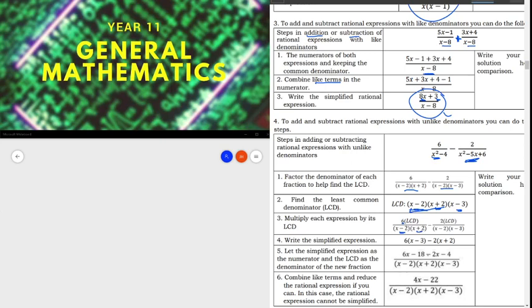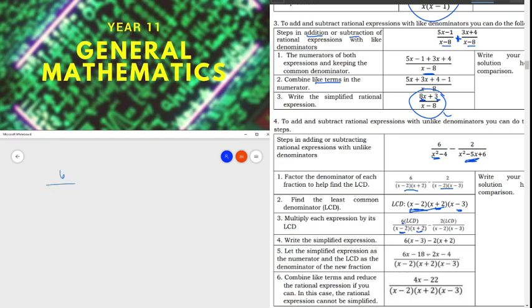I'm just going to copy it here. 6 over x minus 2, x plus 2. Okay. Then minus 2 over x minus 2, and then x minus 3. Okay. So we're going to multiply this one with our LCD. We have x minus 2, x plus 2, and x minus 3.